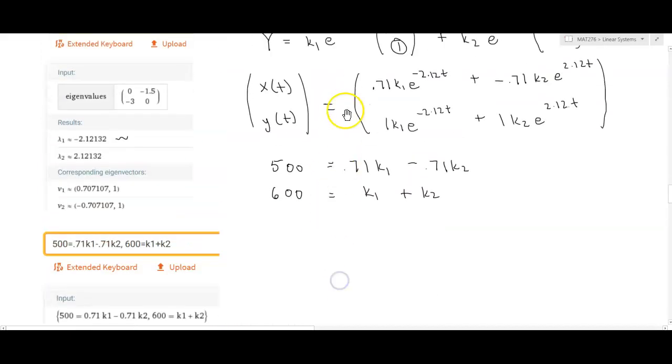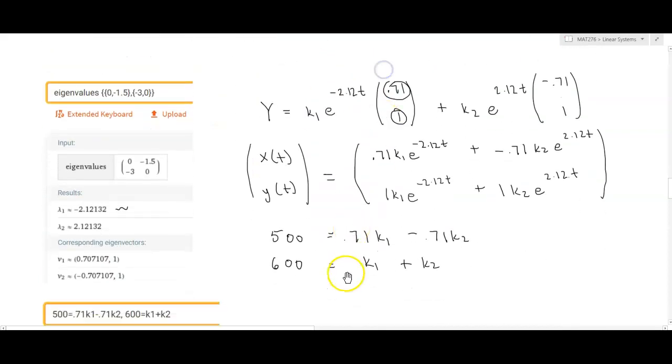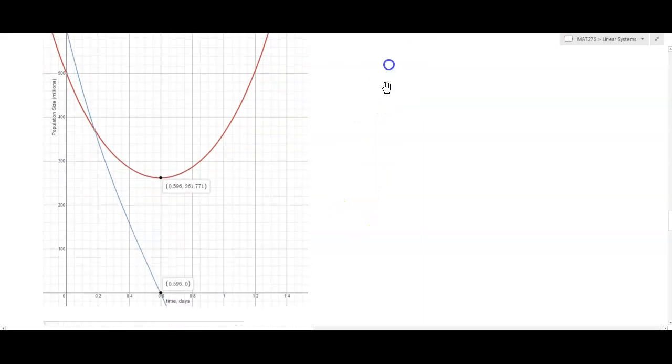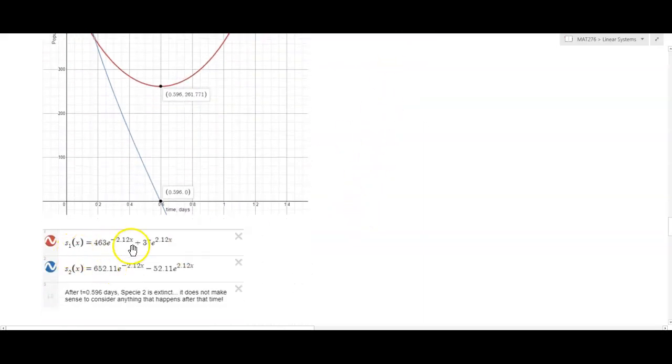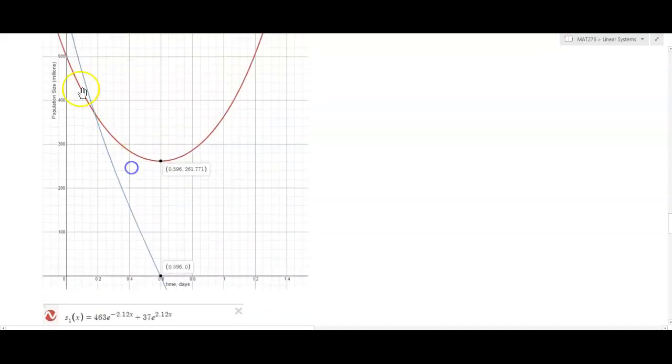Well, part of the question was, what's going to happen? Solve the system and produce graphs of x of t and y of t. And here's what goes on. The red curve is species 1, the blue curve is species 2, and what we see is that species 1 starts to decay immediately. Well, they're being eaten, so that makes sense.